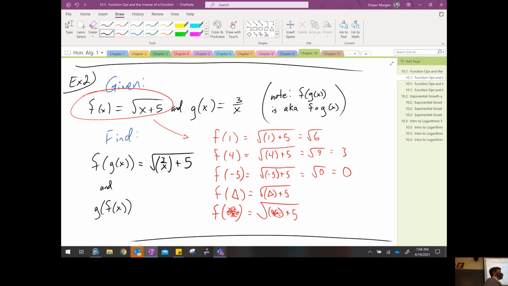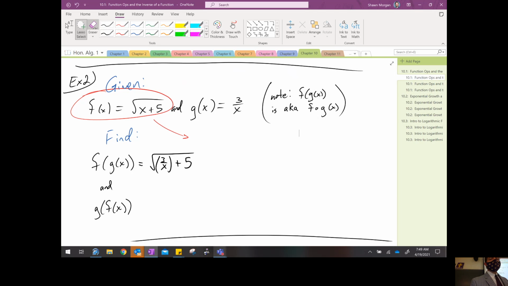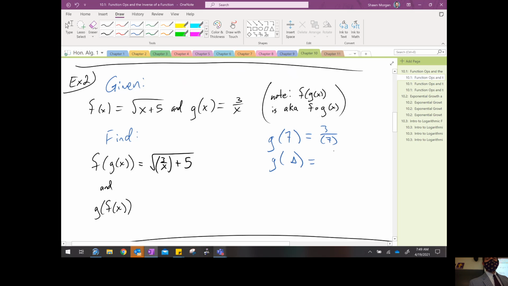Let's reverse the order now, okay? So instead of the f function and all of this rigmarole, let's consider the g function. So the g function here says, okay, g of 7 would be 3 over 7. G of triangle would be 3 over triangle.